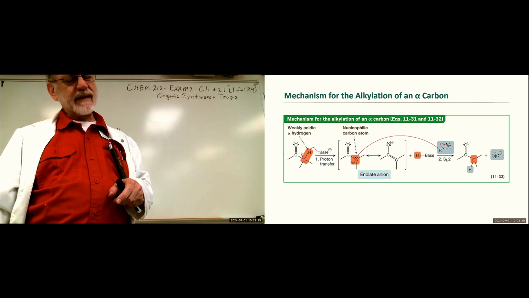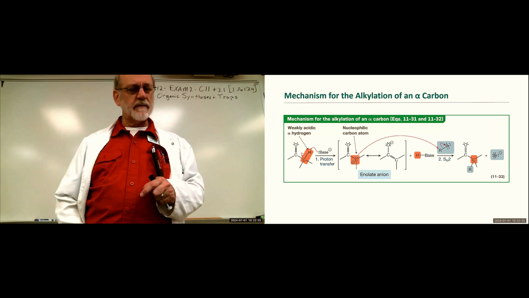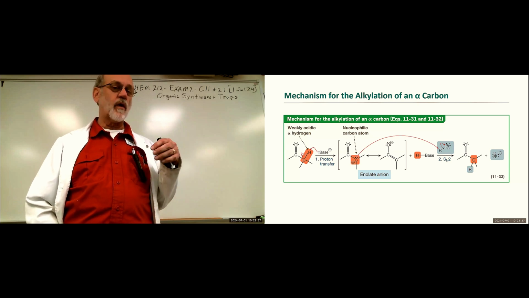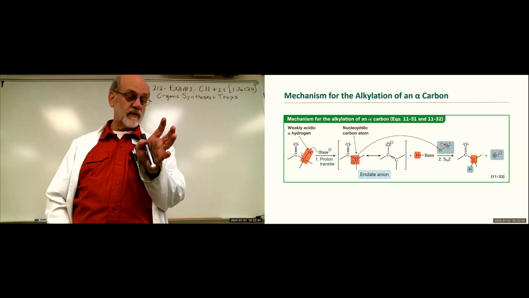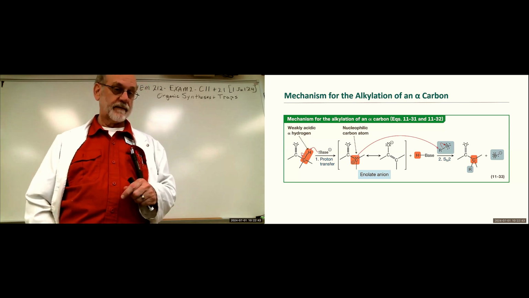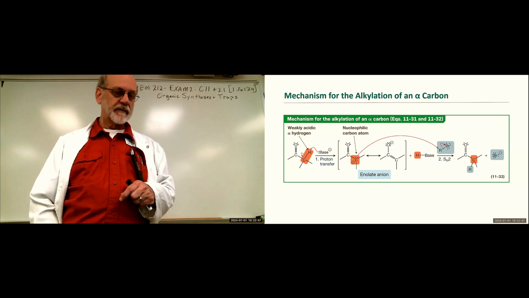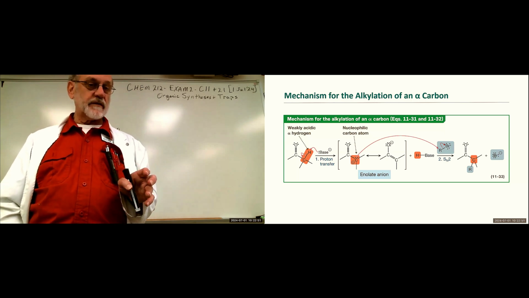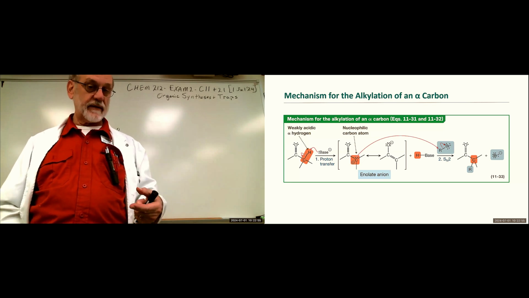All right, what's the mechanism here? It doesn't matter if this is a ketone or an aldehyde. In this example, that looks like a ketone, because there are no hydrogens shown on the left-hand side. So the base goes in and deprotonates that alpha carbon and forms the anion.